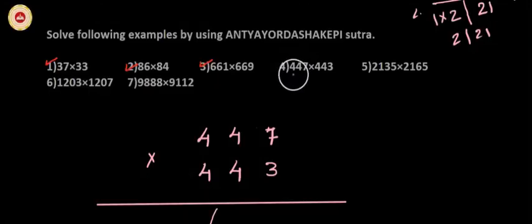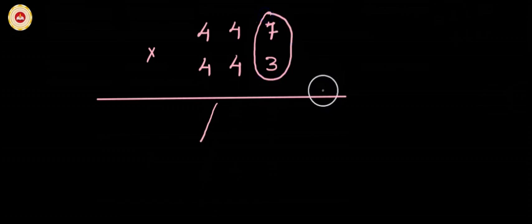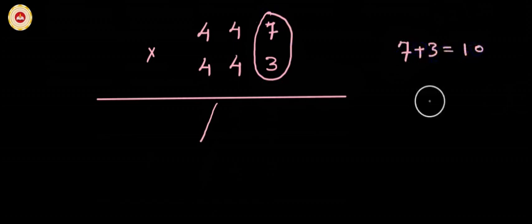Fourth example, 447 multiplied by 443. Observe the last digits in the given numbers. In multiplicand there is 7 and in multiplier there is 3. That means the sum of these two digits is 10. So the first condition is satisfied. 7 plus 3 is 10.